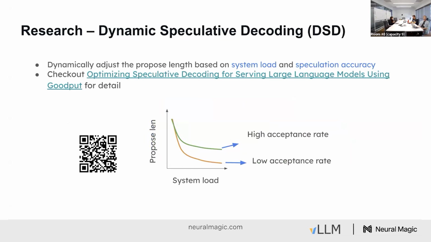With this feature, we will integrate it in vLLM. After integrating this feature, hopefully the users can turn on speculative decoding safely. Which means no matter what the workload looks like, no matter what the QPS, queries per second, is, we can always achieve a speedup with speculative decoding without degrading the performance.